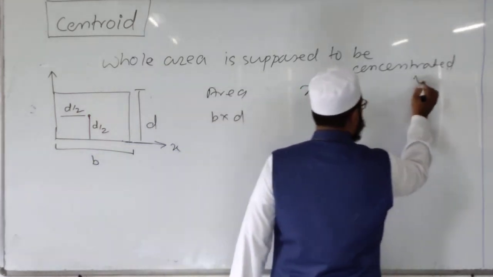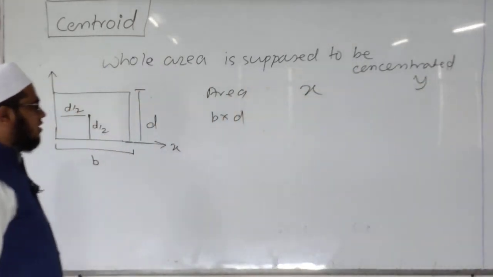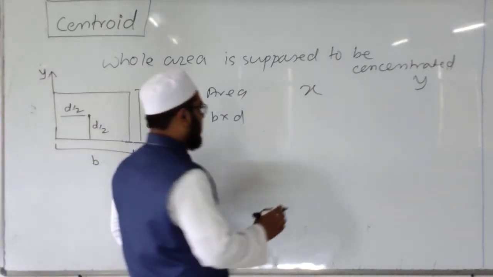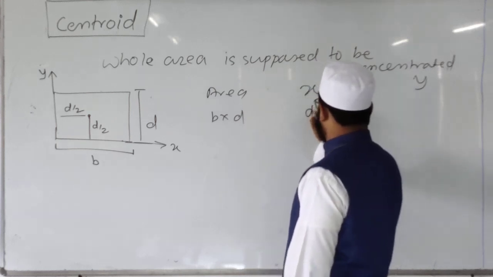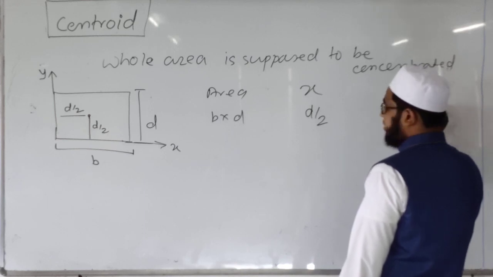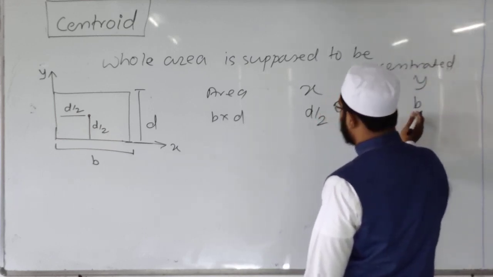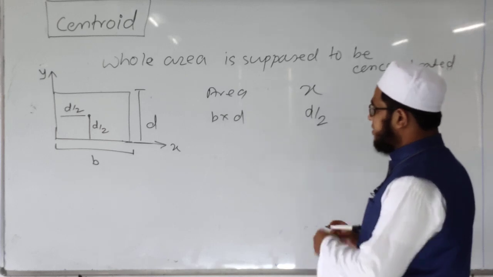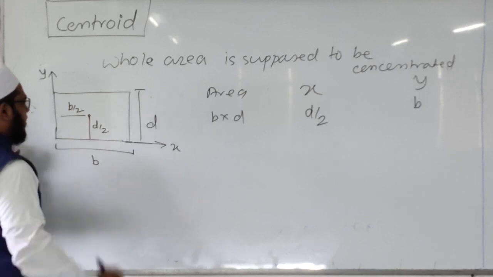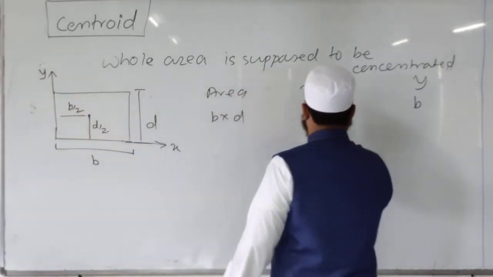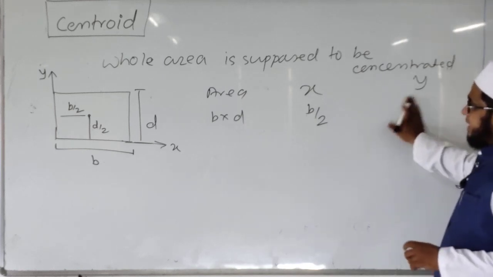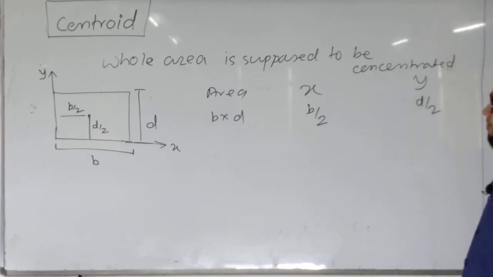The x and y coordinates refer to the axes x and y. x is the distance measured from the y axis, therefore it is b by 2, and y is the distance measured from the x axis, that's why it is d by 2.